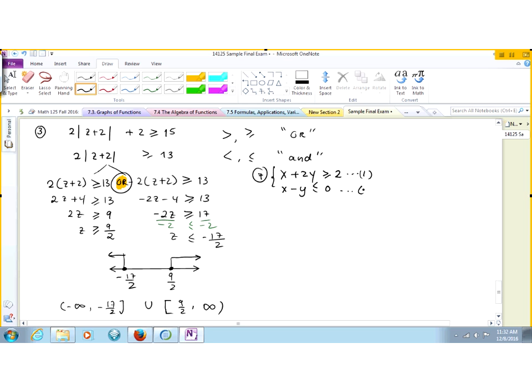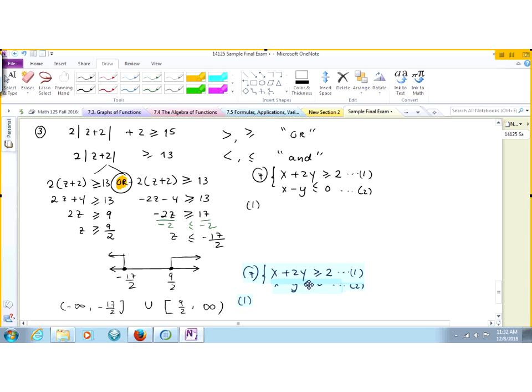So call this equation 1, equation 2. Then what? So equation 1. Let me do it on a different page.